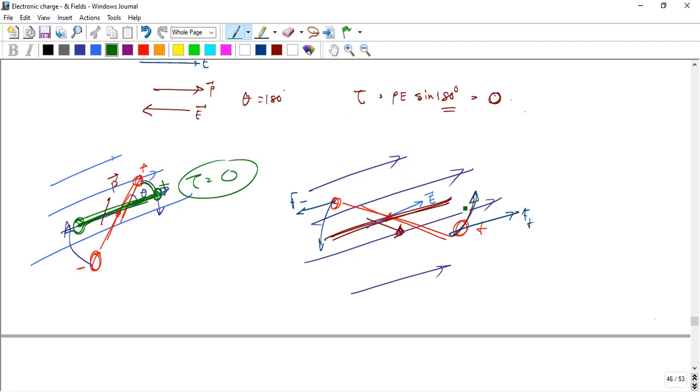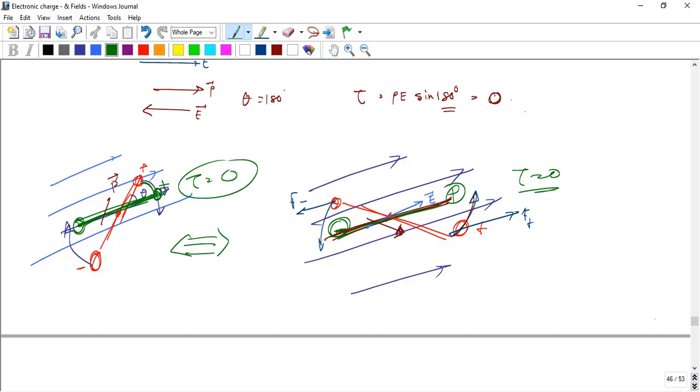If plus goes here and minus goes here, the dipole is parallel to E, which means torque 0, so no rotation. That is a to and fro motion. If you see these two diagrams, they look like an oscillation, a to and fro motion.